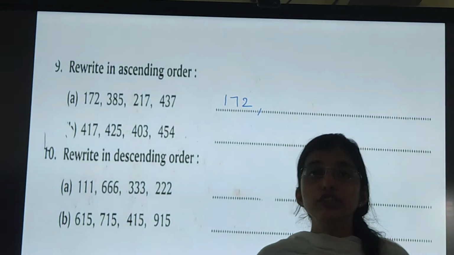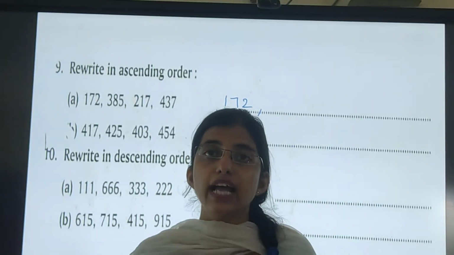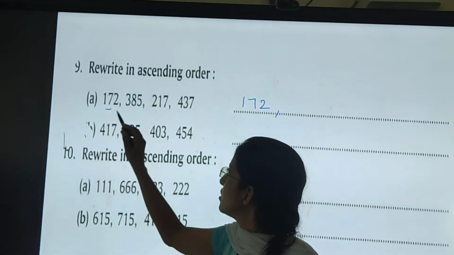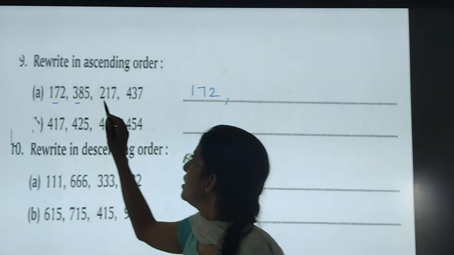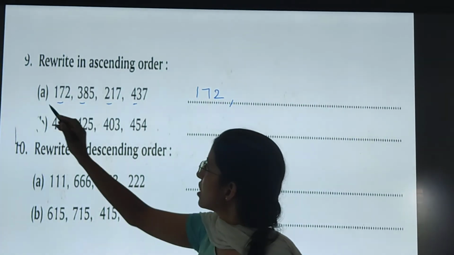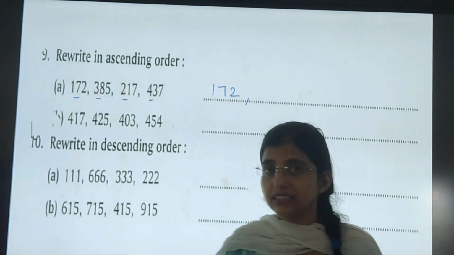Why is 172 the smallest number? Because at hundreds place we are having 1, here we are having 3, here 2 and here 4. तो सबसे छोटा number कौन सा है? 1. So 172 is my smallest number.